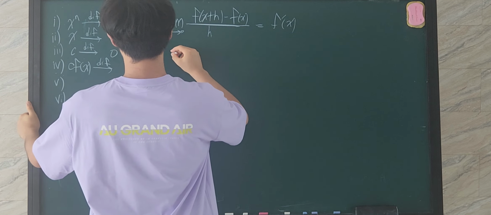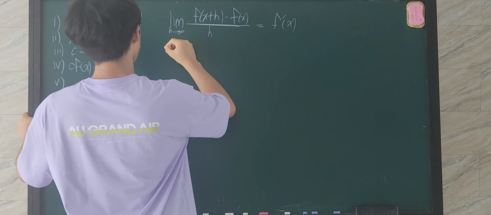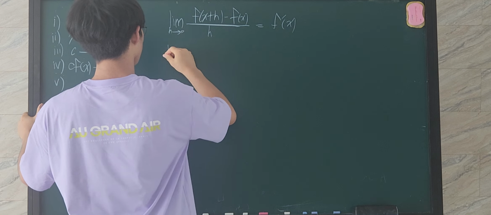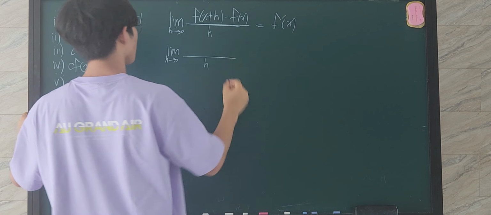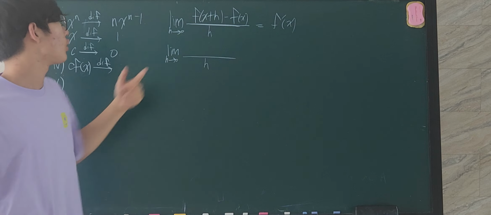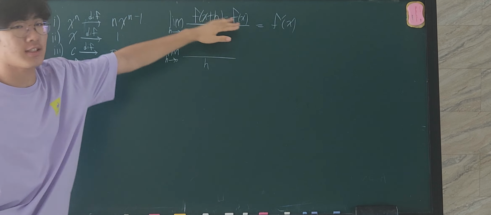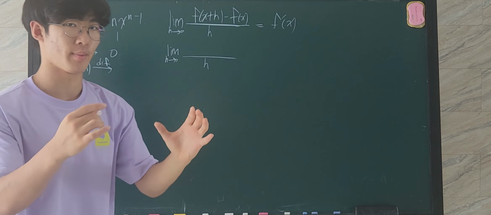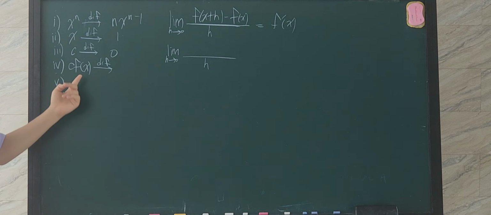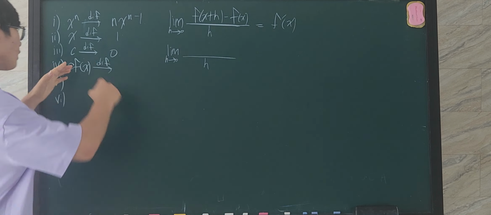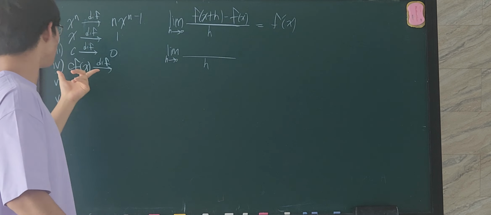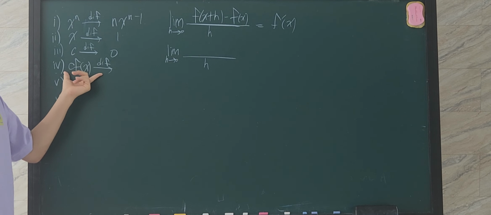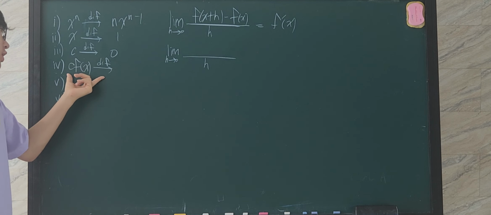What are you going to get? Well, if I input this equation, then f(x plus h). So don't be confused here. f(x) is the general function that you want to find the derivative function of. So this f(x) is not the same as this f(x). This entire c f(x) will be the f(x) here, because this overall c f(x) is the function that we want to calculate the derivative function of.